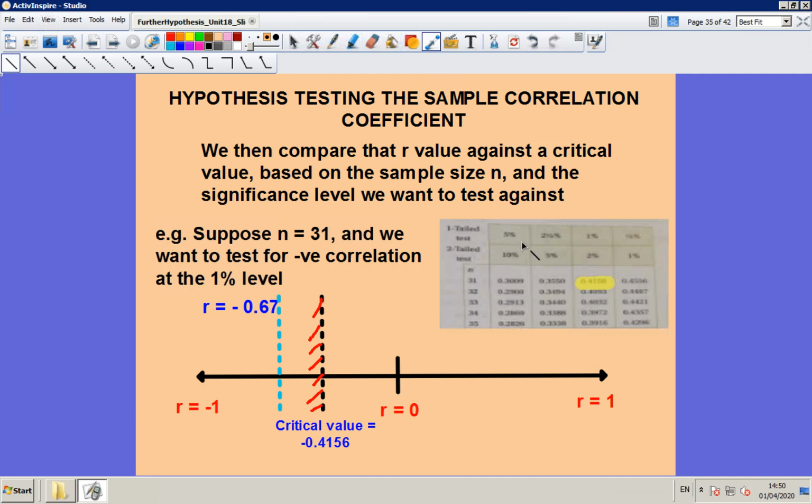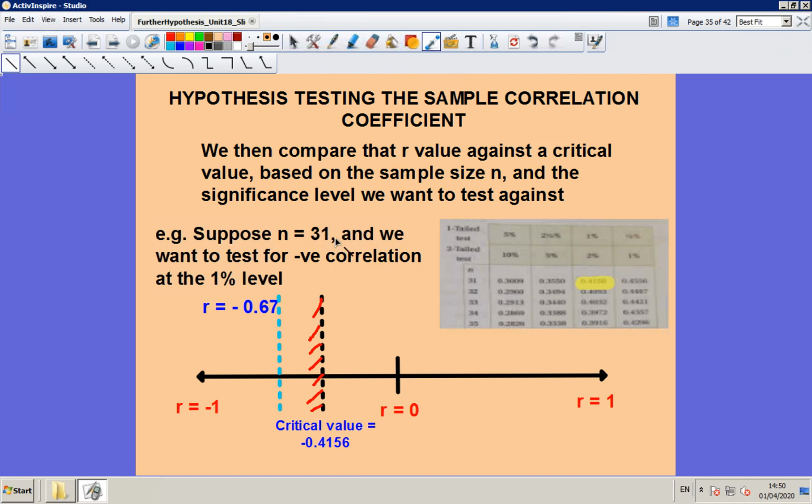And as the significance level decreases in size, then you need a higher value of R. Okay, because the more confident you are that there's correlation, the greater the R value needs to be. And the greater the sample size is going to be, the smaller the R value that is required. Hope that makes sense. So two things that affect the size of the critical value.